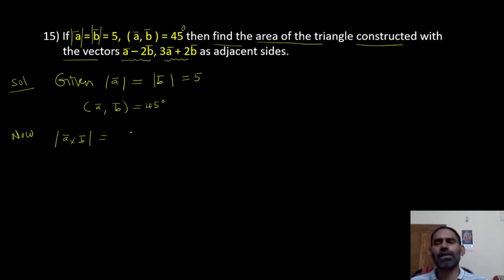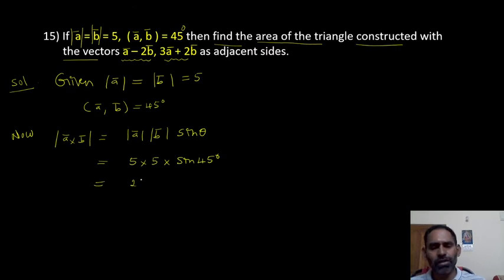You know the formula in cross product: mod a bar mod b bar sin theta. That is, mod a bar is 5, mod b bar is 5, sin 45. Sin 45 will be 1 by root 2. So 25 into 1 by root 2. This will be 25 by root 2. This is the modulus of a bar cross b bar value.